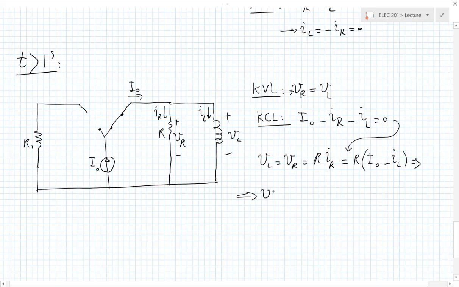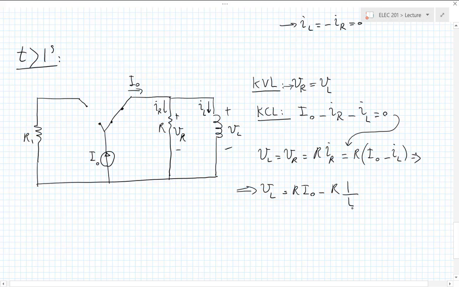So VL is R I naught minus R IL, and IL is what in terms of VL? It's an inductor, so L. Oh, sorry. 1 over L.